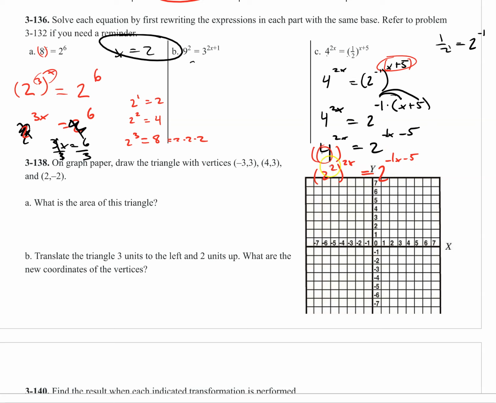So 4 became 2 to the power 2. Alright, and a power to a power, we multiply. That's 2 to the power 4x equals 2 to the power negative 1x minus 5. Bases match. So let's cross off the 2. And we've got ourselves a math problem here. This is 4x equals negative 1x minus 5.